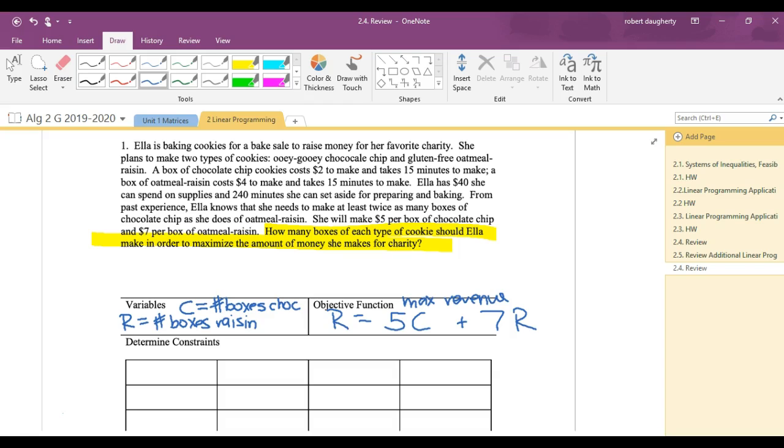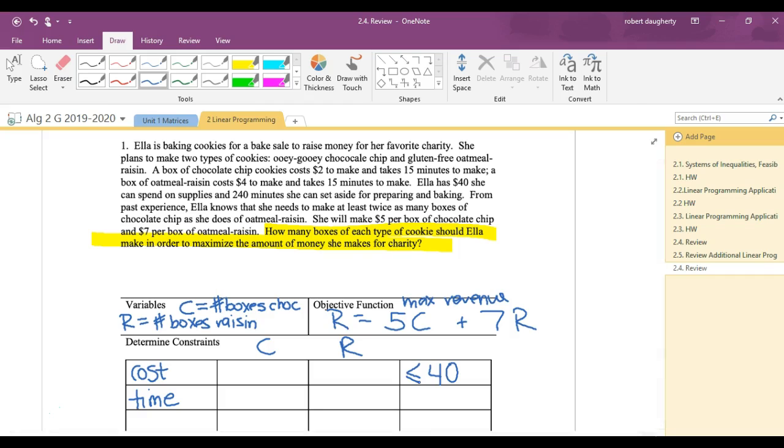So if I look at it, I've got cost and time, okay? So let's look at the cost. So I've got the variables are C and R. So from a cost, how much can I spend on supplies? It says that she can spend $40 on supplies, okay? So she can spend 40. It's okay to go up to it, but she cannot go over. So I got to spend less than 40 on my cost of supplies.